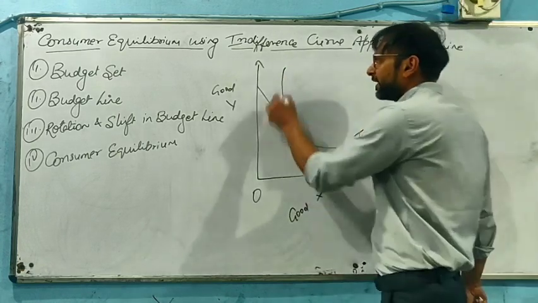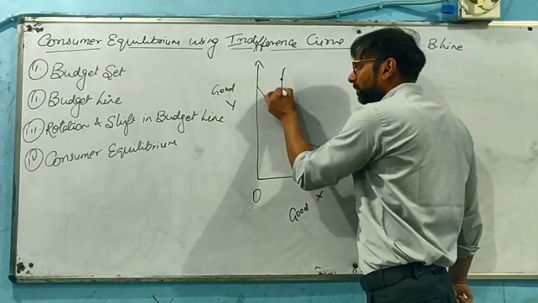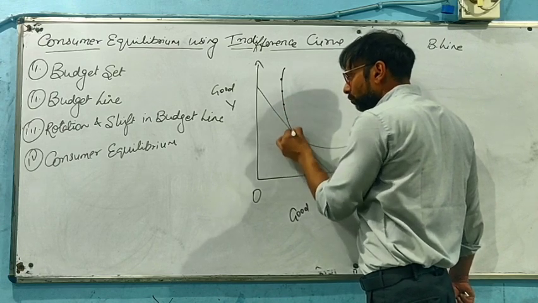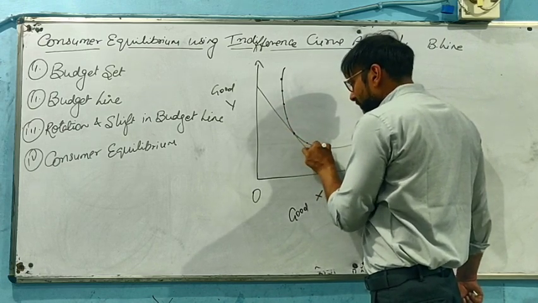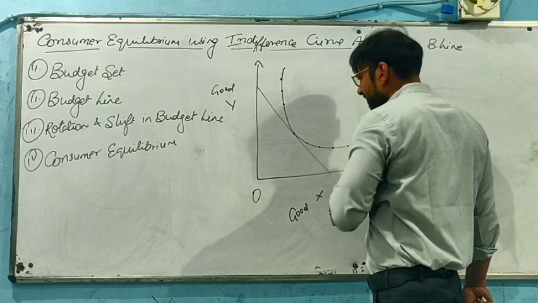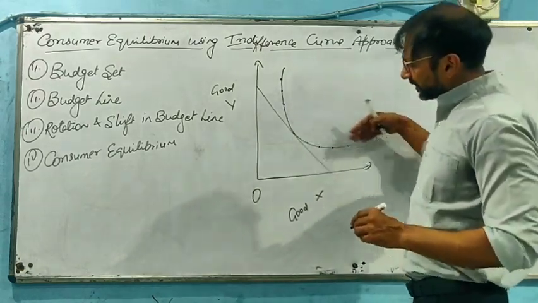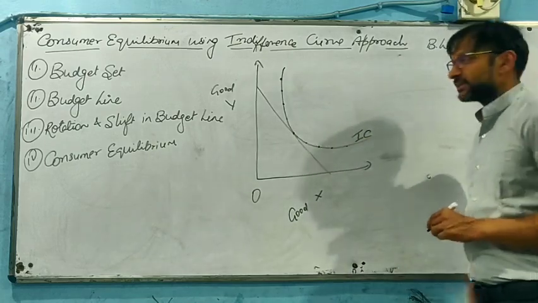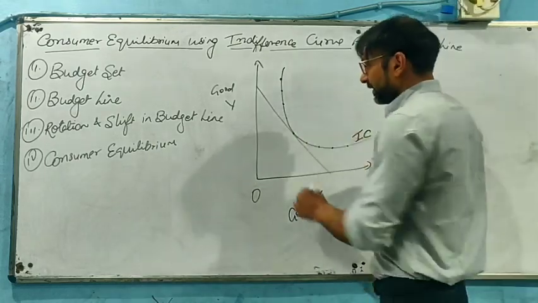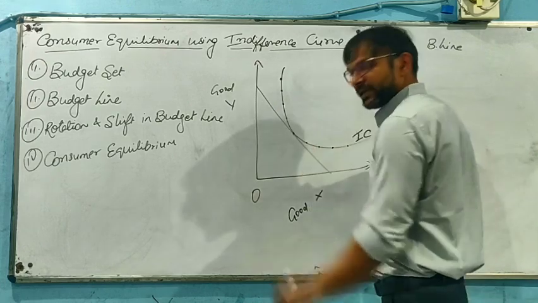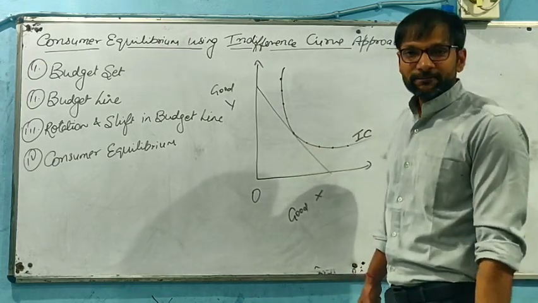The indifference curve indicates the possible combinations of two goods that provide the same level of satisfaction. Right? It means all these points give the same level of satisfaction, and such satisfaction is met by the entire income of the consumer.